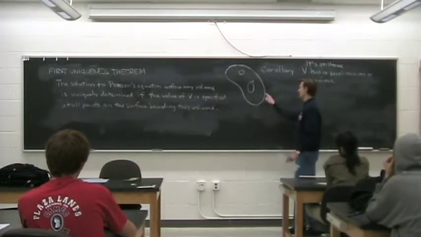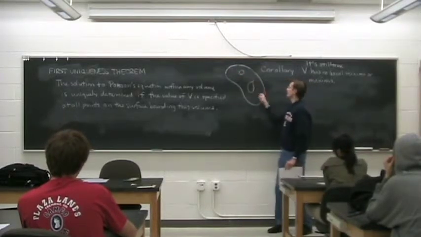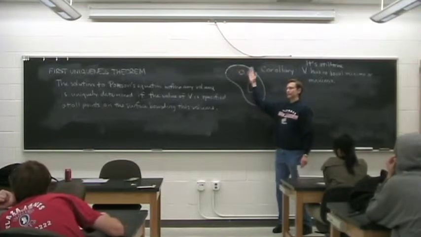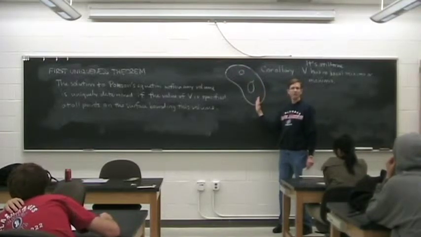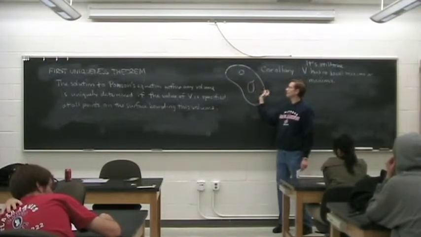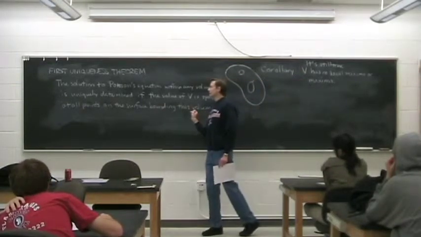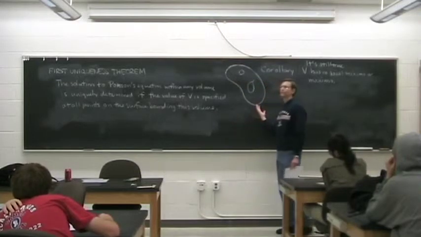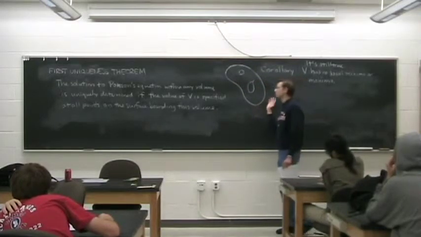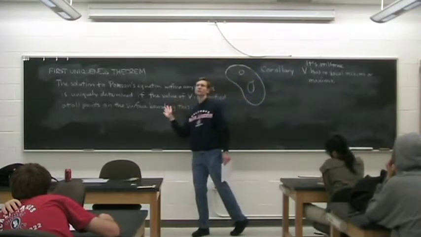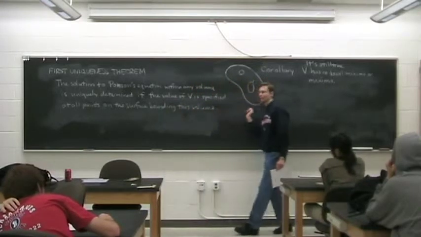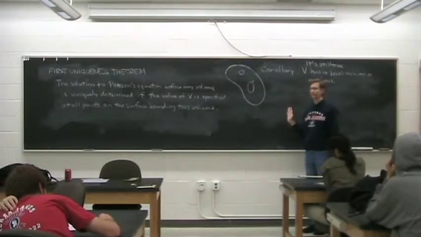The assertion is, if I know the value of V at every point on all the surfaces that bound the charge-free region in question, then the solution is uniquely determined. If there's a solution, there's only one of them. There can't be two solutions of Laplace's equation that satisfy the same boundary conditions, in other words.